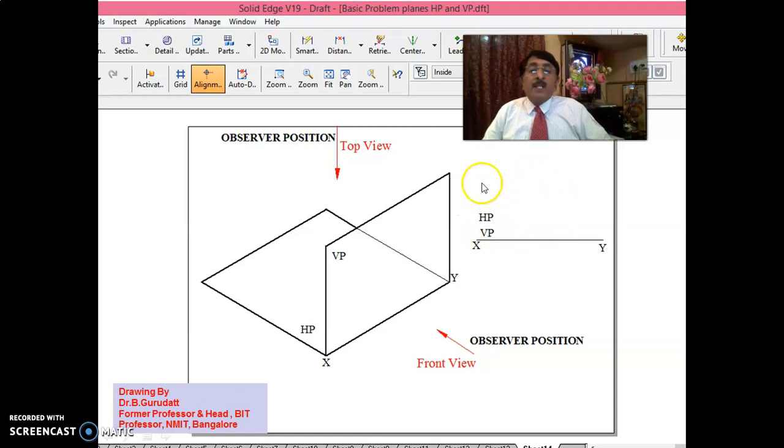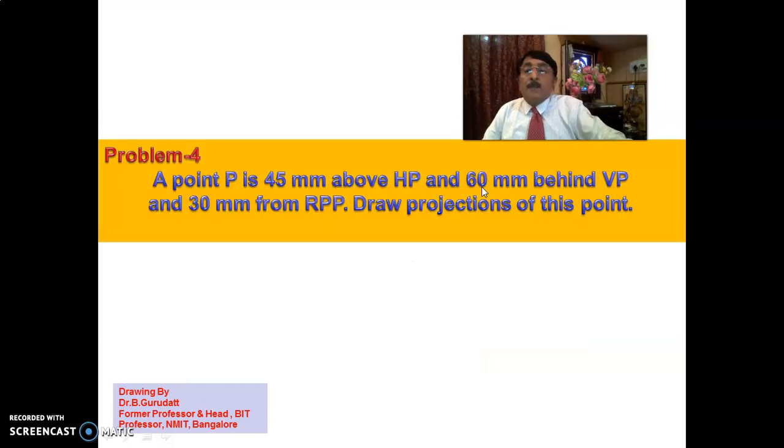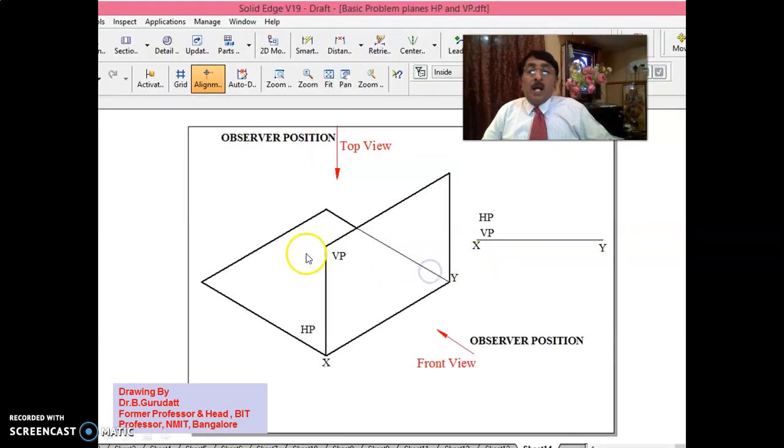Now the problem is: the point is 45 mm above HP, 60 mm behind VP and 30 mm from RPP. Above HP, behind VP clearly tells you that it is a second quadrant problem, because you are looking from here.